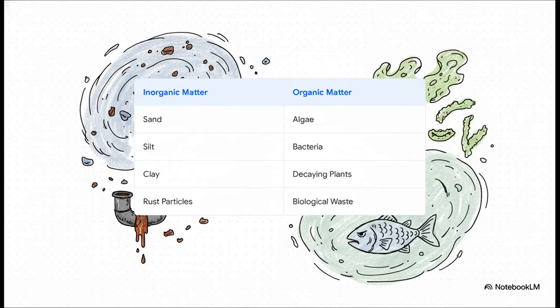So on the inorganic side, the non-living stuff, you've got things you'd probably guess. Tiny bits of sand, silt, and clay, even little rust particles. But the organic side? That's where it gets really interesting. We're talking about algae, bacteria, bits of decaying plants, and yep, even biological waste. It's this complex mix that really defines the TSS in any river or lake.